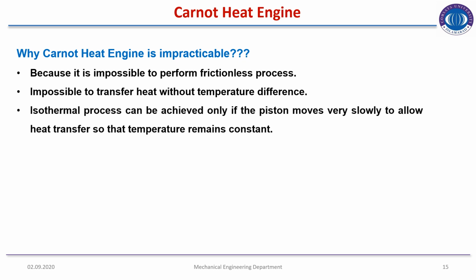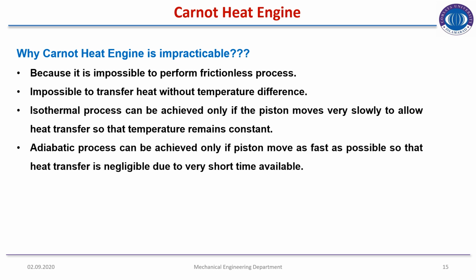Isothermal process can be achieved only if the piston moves very slowly to allow heat transfer so that temperature remains constant. Adiabatic process can be achieved only if the piston moves as fast as possible so that heat transfer is negligible due to very short time available.